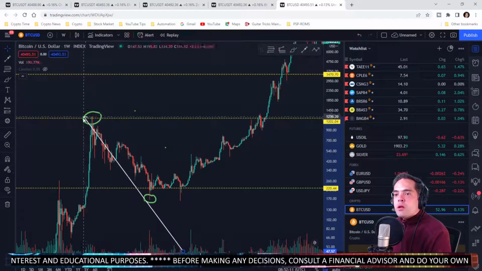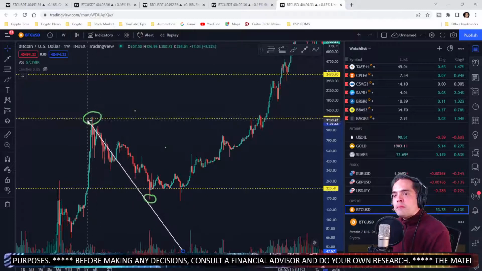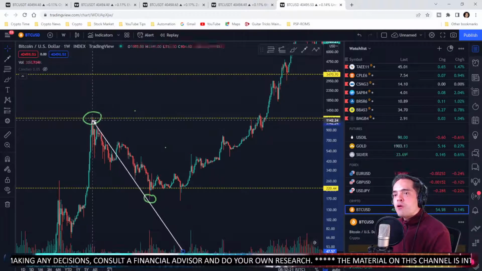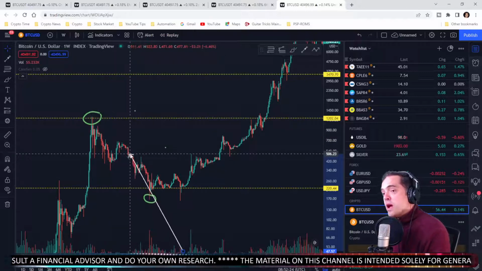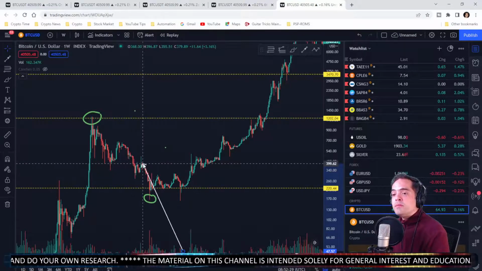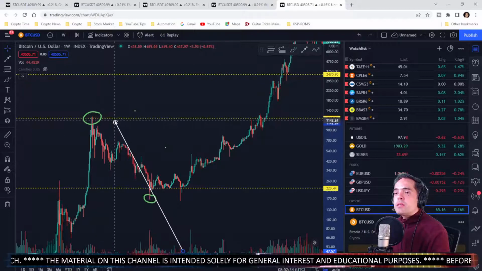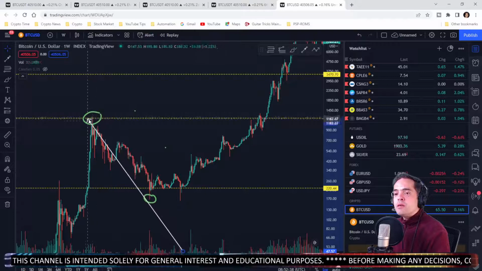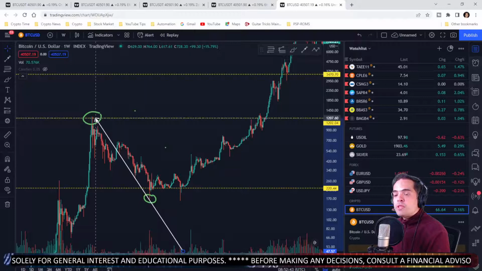So what we know is that once the price reaches the top, the sellers are in control, and it doesn't matter if the price is going to go all the way down to the next support. But what we know in the future is that the market will remember that zone as an important zone for the sellers.